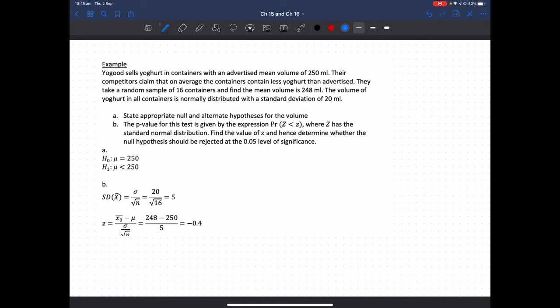Ugood sells yogurts in containers with an advertised mean volume of 250 millilitres. So mu equals 250. Their competitors claim that on average the container contains less yogurt than advertised.